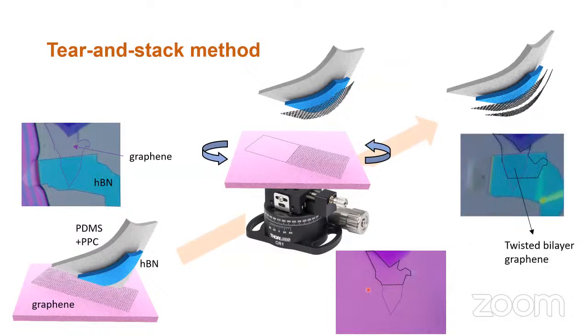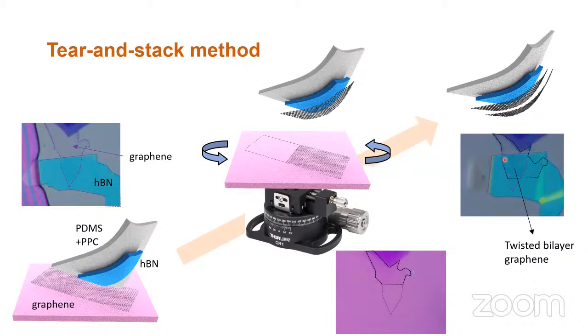You can see this part has been cut and taken all the way here and given a tiny twist of whatever angle you want and put on top. Since the 2 parts come from the same original graphene, you know the angle exactly, and it is much easier to get the angle you desire within some error bar.